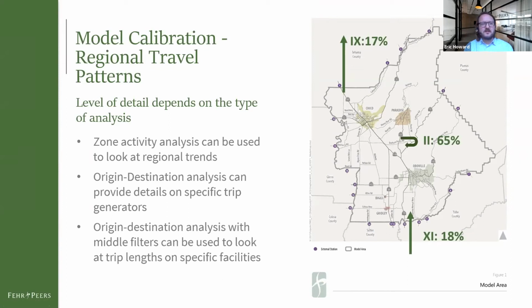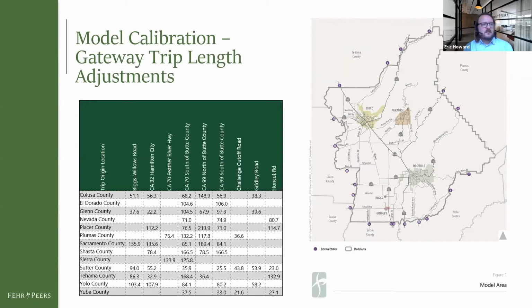But we also used that information to evaluate the trip length adjustments that we need to apply to the gateway locations. In this table here, we were able to go through each of our gateway locations in the model and then look at the common origins and destinations for trips that use that gateway, outside of Butte County. And then we were also able to get a trip length estimate from StreetLight data for those.